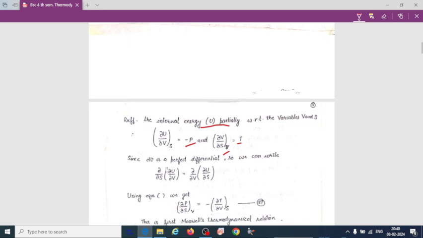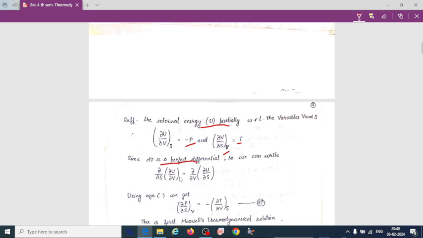Since internal energy is a perfect differential, we can write this. Whatever constant we have written here, we can take dou by dou S, where entropy is constant in this equation.